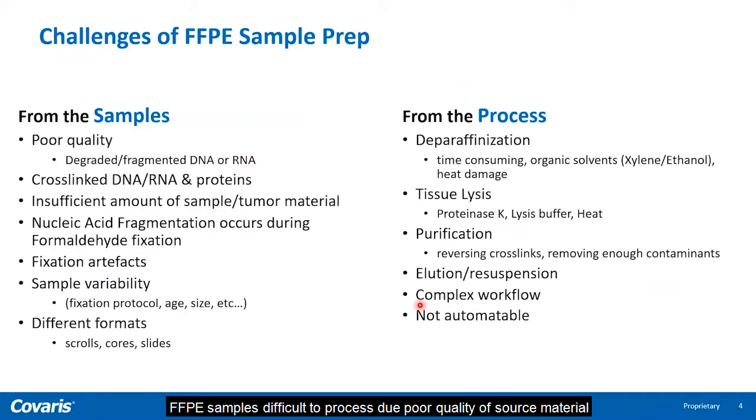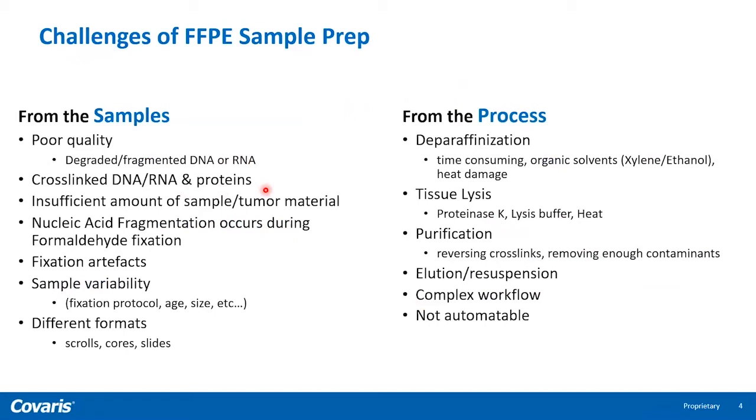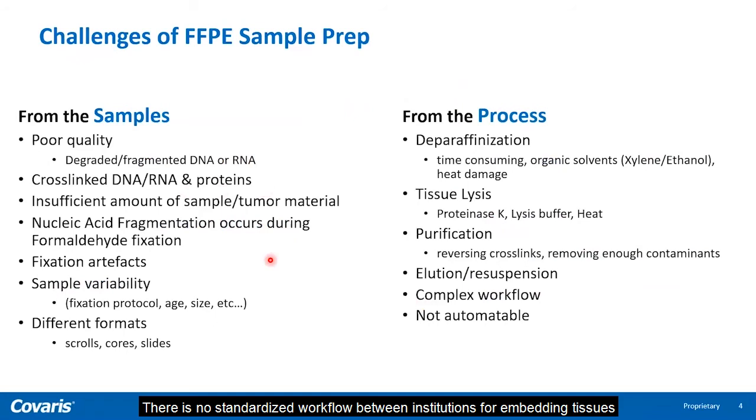FFPE samples are difficult to process due to the poor quality of source material that often contains degraded and fragmented DNA and RNA. Formaldehyde reacts with proteins and highly cross-links RNA and DNA. There is no standardized workflow between institutions for embedding tissues, which results in further variability.